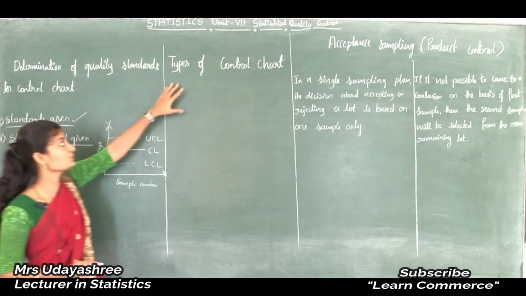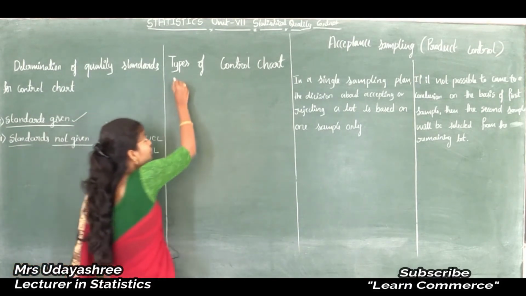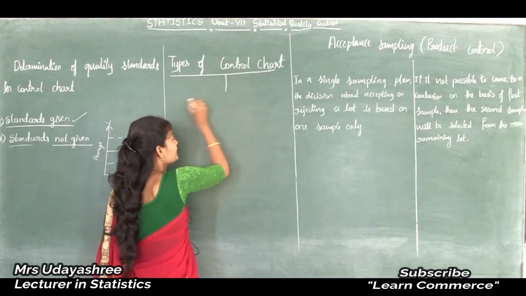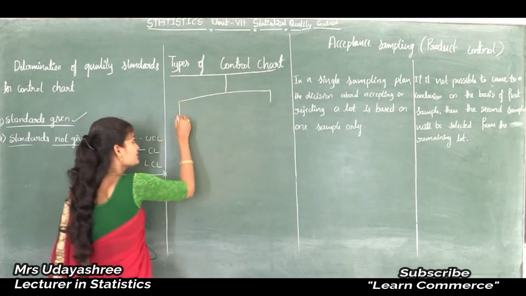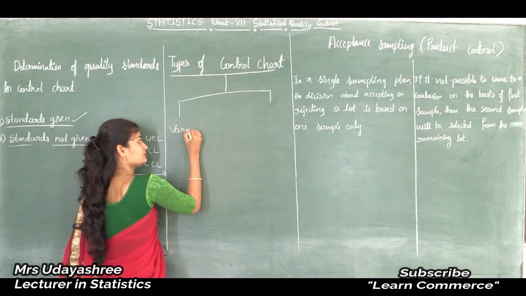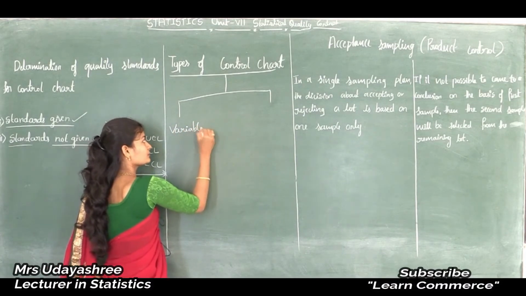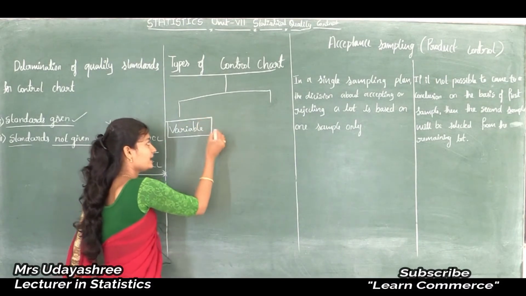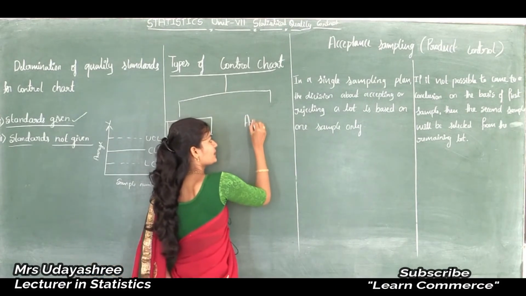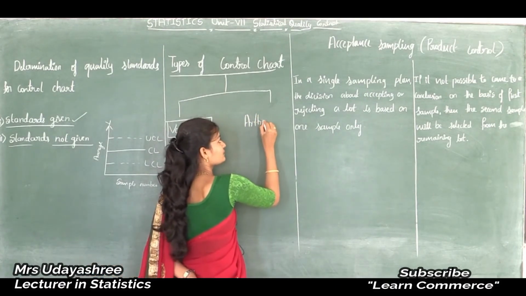Okay, next move to types of control chart. We know that there are two types of control chart. One is control charts for variables, another one is control charts for attributes.